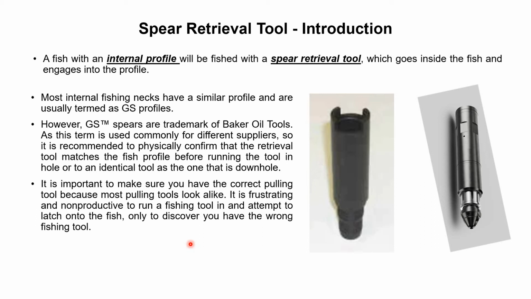So when we are planning a fishing operation, when we are running a fishing tool inside the downhole, we have to make sure that the profile which we are running is exactly as per the requirement, that is, the tool inside the downhole should have compatibility with the fishing tool we are running, and we can do it on the surface by checking with an identical tool to avoid non-productive time.